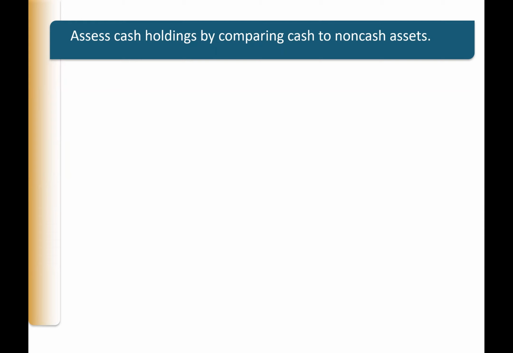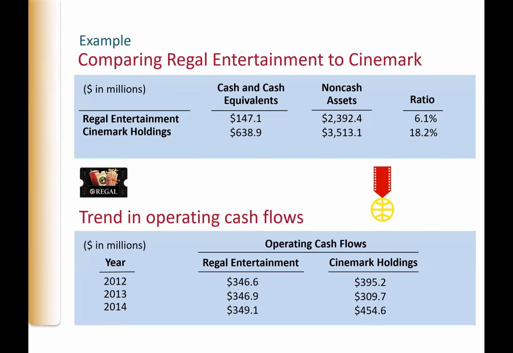Now, assess cash holdings by comparing cash to non-cash assets. Here, we're looking at comparing Regal Entertainment to a similar company in the same sector, Cinemark. If you look at Regal and Cinemark, you see Regal's entertainment cash was 147, Cinemark is 638.